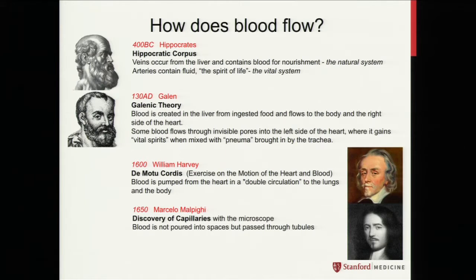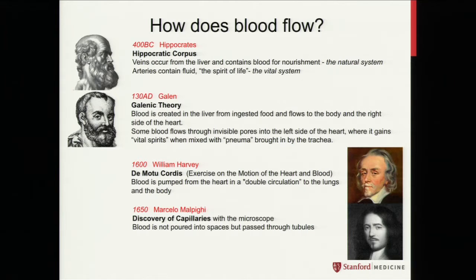Then in 130 AD, the Galenic theory was that blood from the liver was made from ingested food and flowed to the right side of the heart, and some of the blood flowed through invisible pores to the left side of the heart, where it gained vital spirits and mixed with pneuma from the trachea.